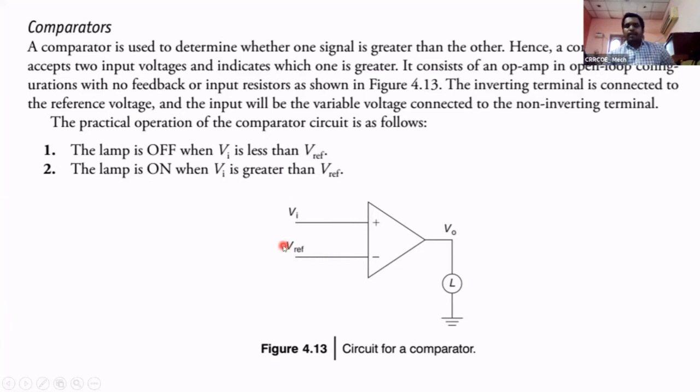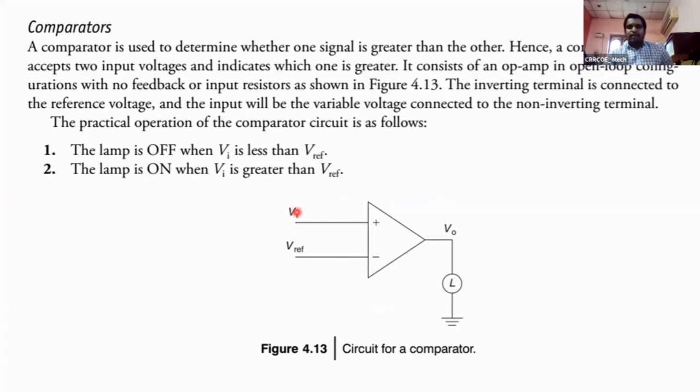The input voltage is connected to the positive terminal and the reference is connected to the negative terminal, and this is the output voltage. After the output voltage we connect a lamp which is grounded on the other side. This is an open type of op amp because there is no feedback circuit here, so it is an open loop operational amplifier.